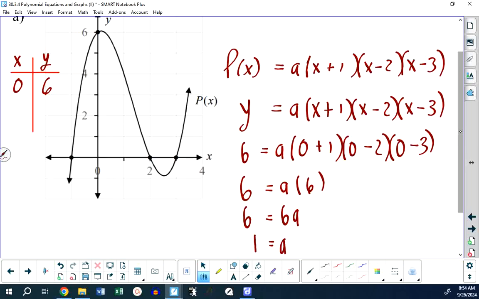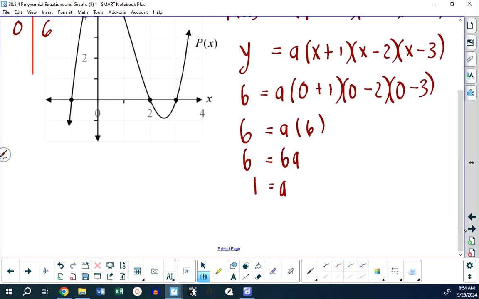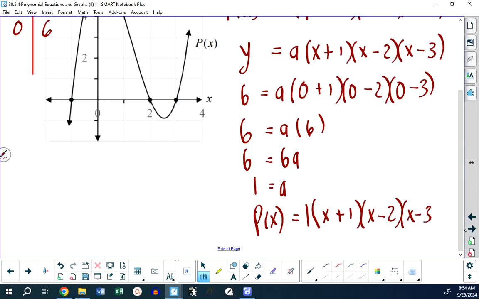So once you've determined a, then you can write the polynomial function equals 1. I don't need to write the 1, but I'm going to: x plus 1, x minus 2, x minus 3. Don't get me wrong. Not every question on an exam is going to have numbers that are not 1. Occasionally you'll get a 1. But don't assume it.